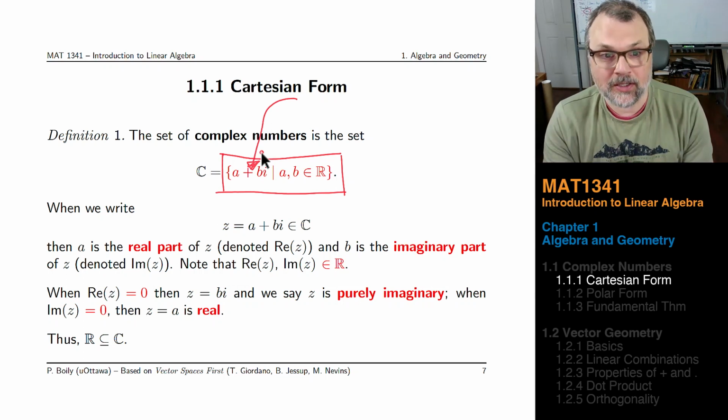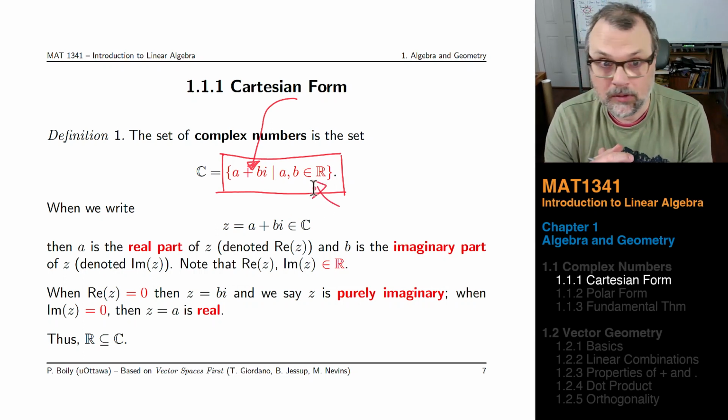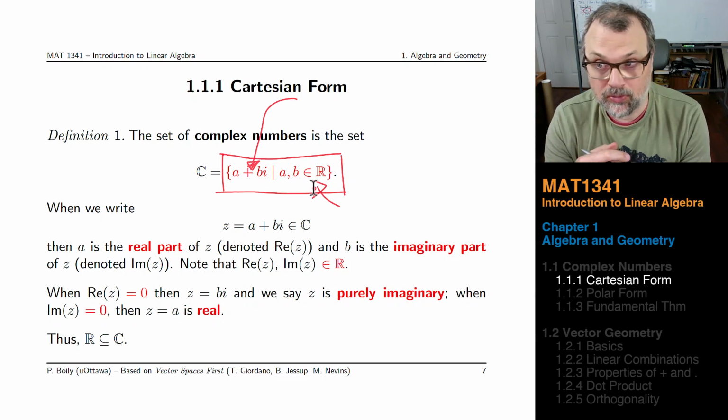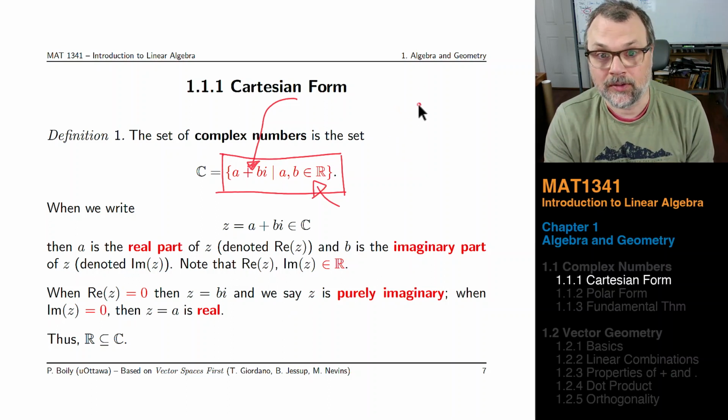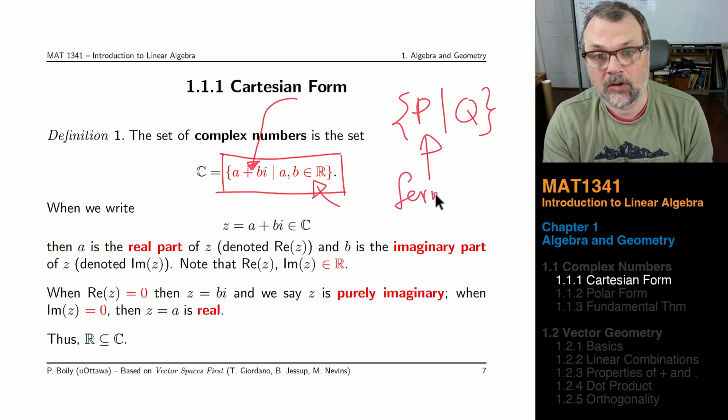And then the bit that's on the right tells us what the constraints or the restrictions on the parameters are. So sets often end up being written as, here's P given Q. P is the general form. Q is a set of constraints or restrictions.